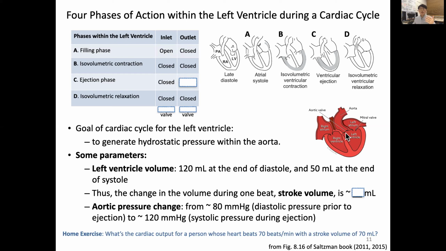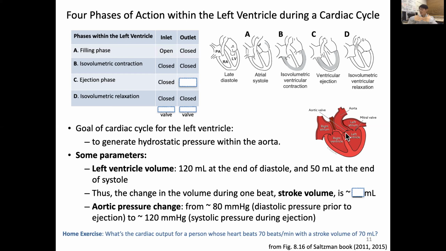Remember, a valve is only one way. So one way it's open, the other way it closes down. And then because it's closed, now the ventricle starts to contract. That's because the volume will remain the same while pressure builds up.